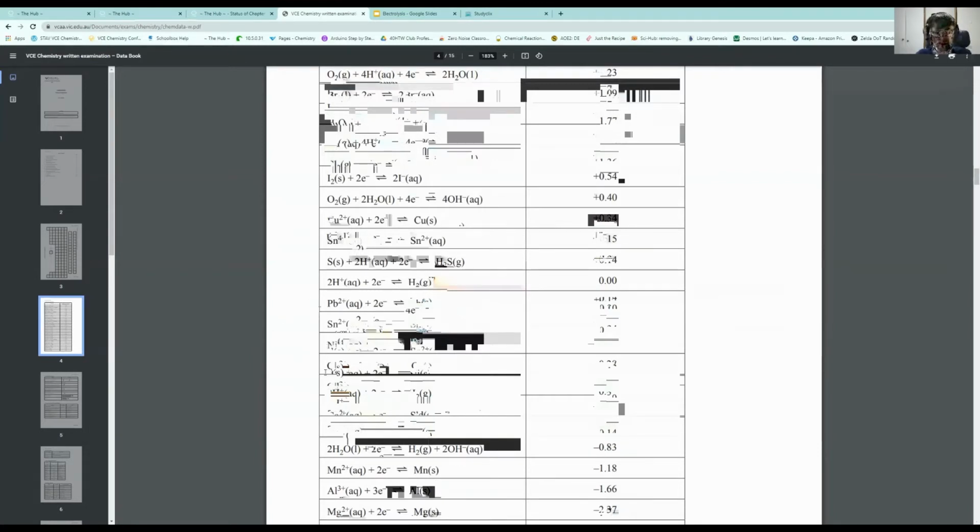So out of nickel, cobalt, and cadmium, nickel will have the highest reduction potential, i.e. the highest voltage here. So therefore that will react. And our overall equation here would be nickel 2+ and lead reacting to make lead 2+ and nickel.